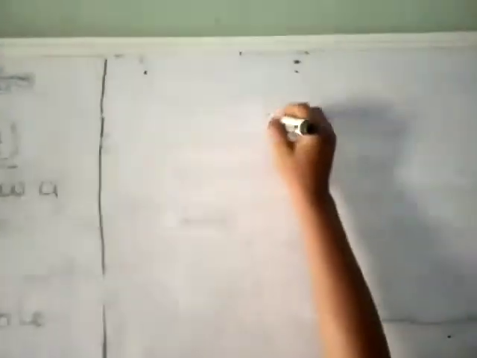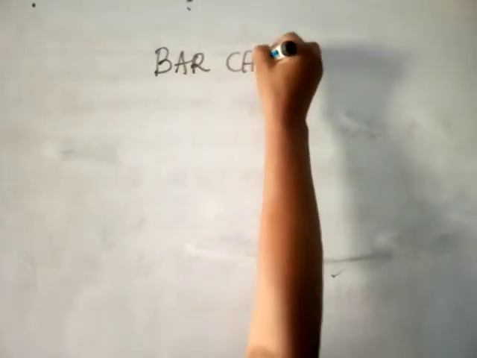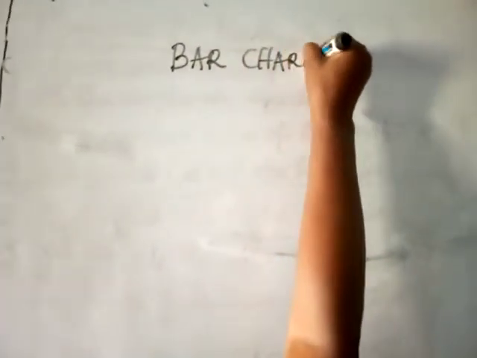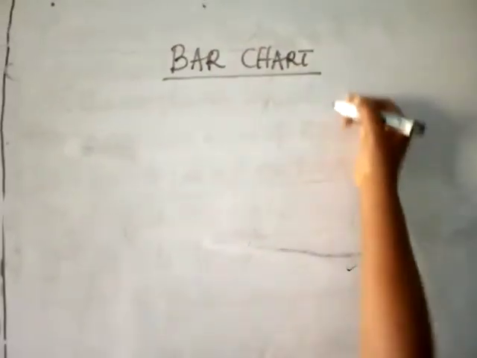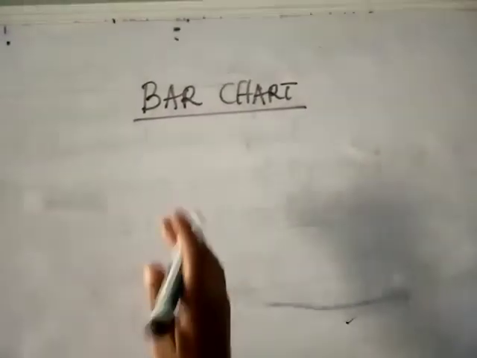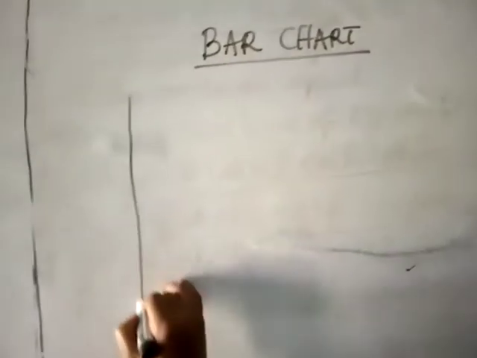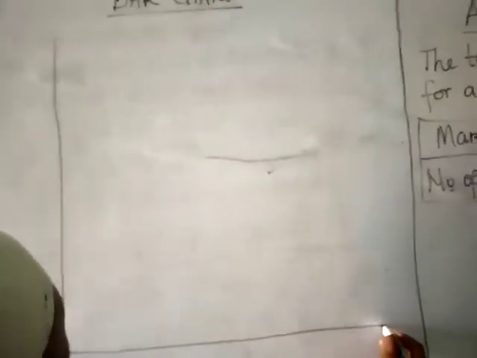First and foremost, we write on top that we are drawing a bar chart. It's very, very important to write the type of chart that you are going to draw. A bar chart is a line that is covered with blocks. For example, we first draw something like this and something like this.